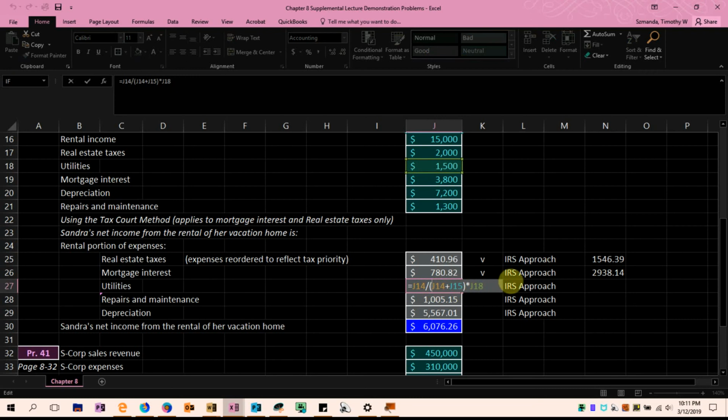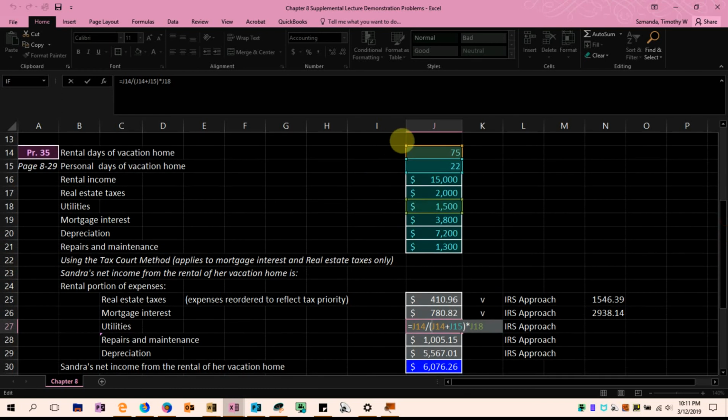And again, the IRS approach is exactly as I demonstrated up here to the right. And that is, we're going to take each of these expenses, in this case, utilities expense, and we'll multiply it by the fraction of 75 days of rental divided by the total 75 plus 22, or 97.